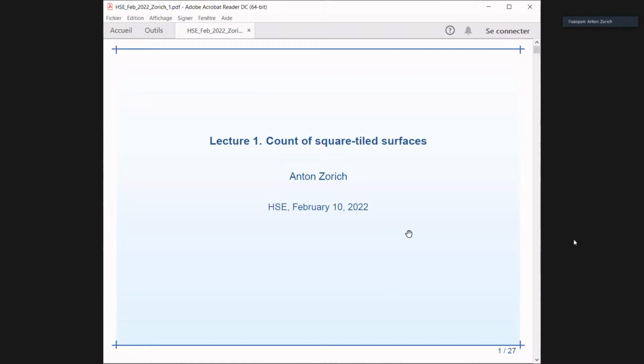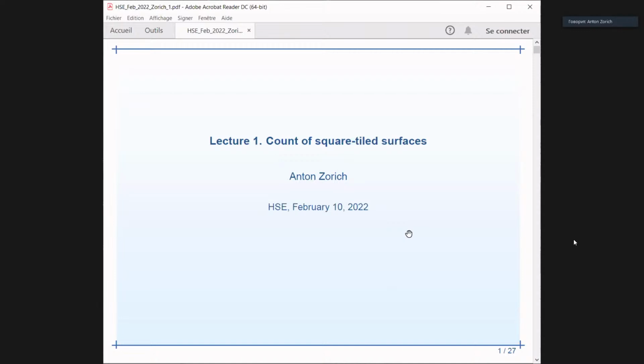And also the next time we'll discuss what one should expect from a typical square tile surface of large genus, or a typical hyperbolic multi-geodesic on a hyperbolic surface of large genus.